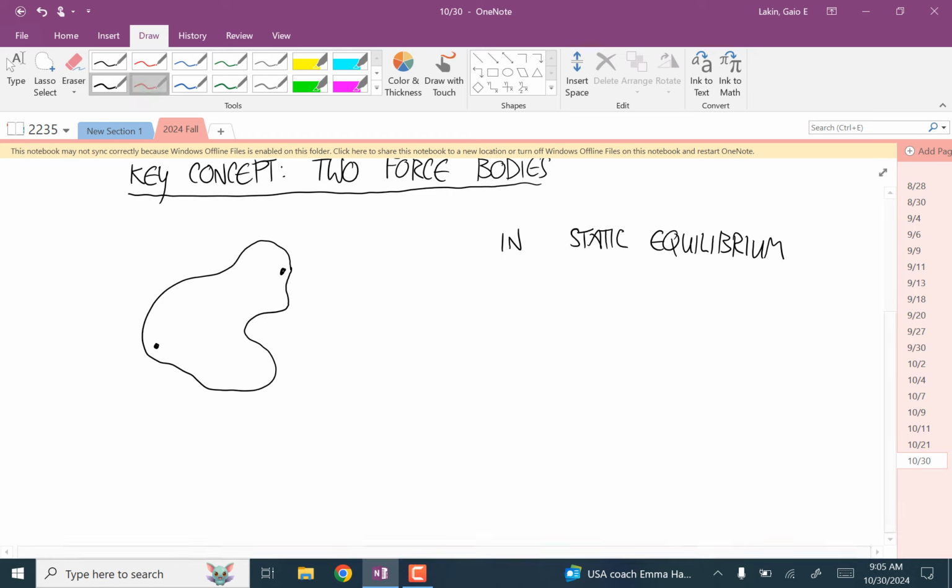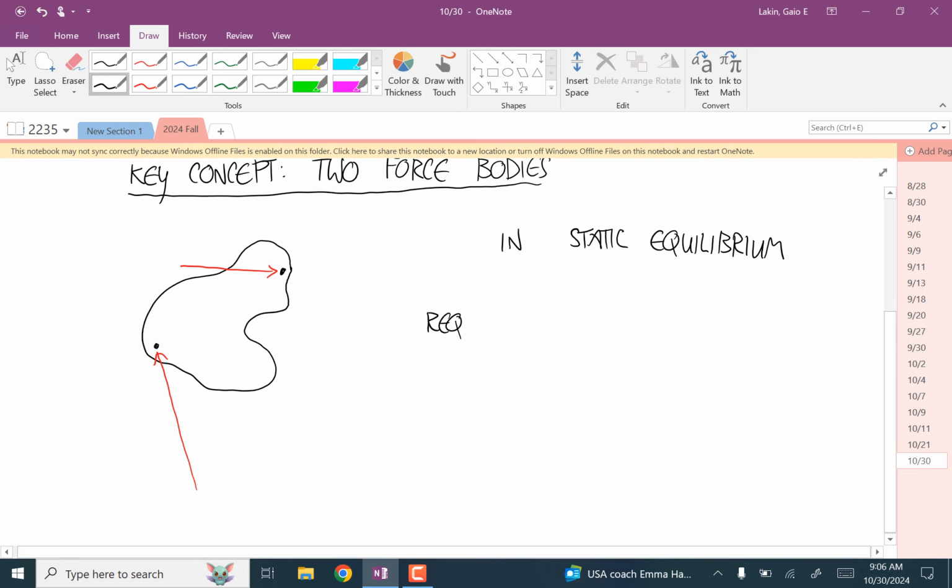Okay. So first of all, let's think about just two arbitrary forces. And let me make it clear that these are different magnitudes. These could not be in static equilibrium because these two forces don't add up to zero. So the center of mass of this thing would be accelerating.